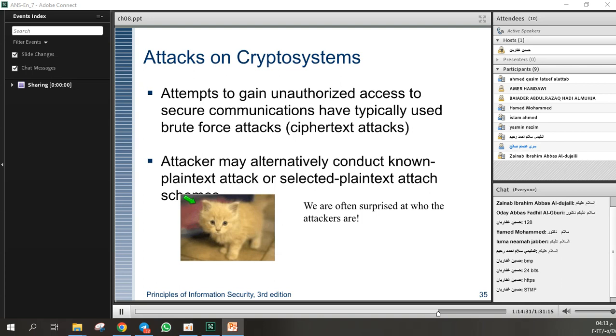They don't know what they are doing, but they do something that compromises my communication systems. Young people are curious. They want to test everything.